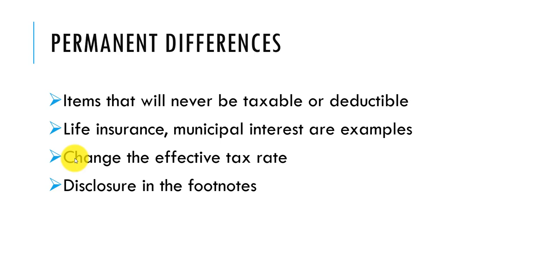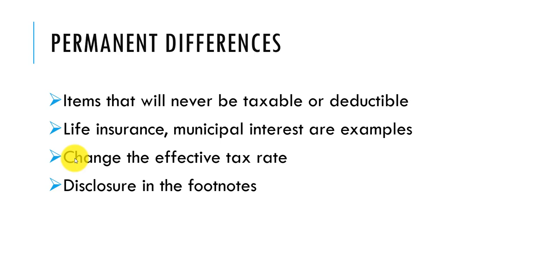Not today, not ever. So that would never be an expense on your tax return, but it would be an expense on your income statement. And then when your executive dies and the life insurance pays off, you would not count that as income on your tax return, but you would on your income statement. So that's a permanent difference.